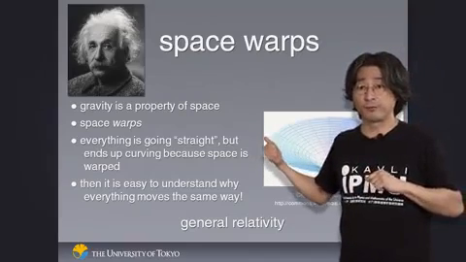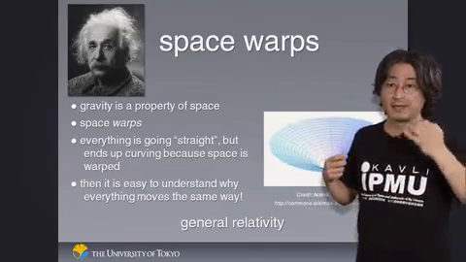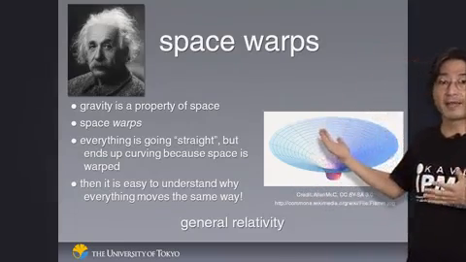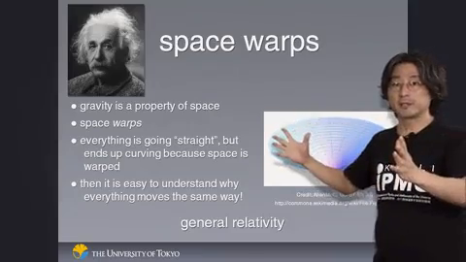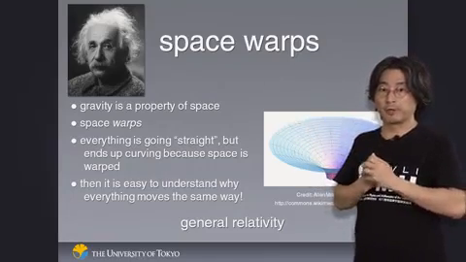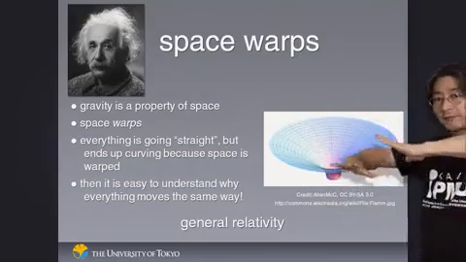Einstein came up with a revolutionary idea. The force of gravity, in some sense, is an illusion, he says. It's not a force. It's the nature of space and time. Gravity is a property of space. If you have a heavy object, like the Earth around us, the Earth actually warps space. So it's not flat anymore.